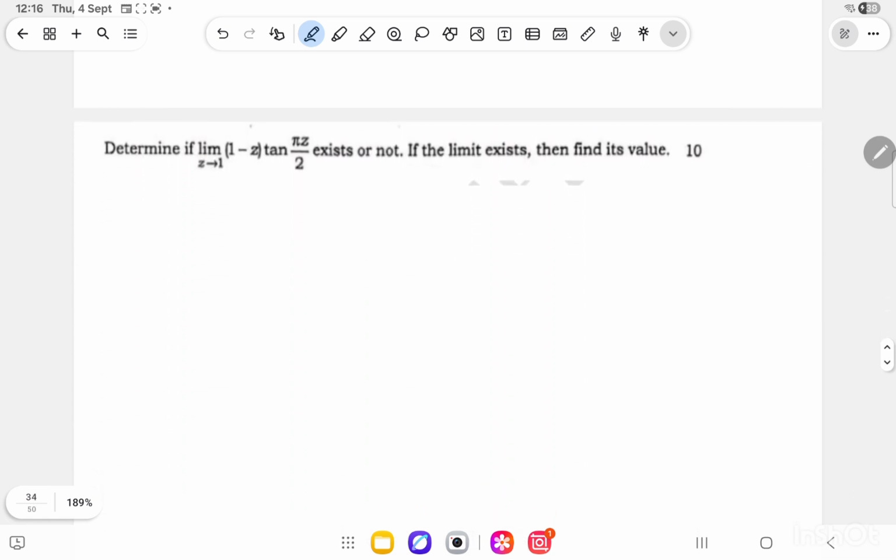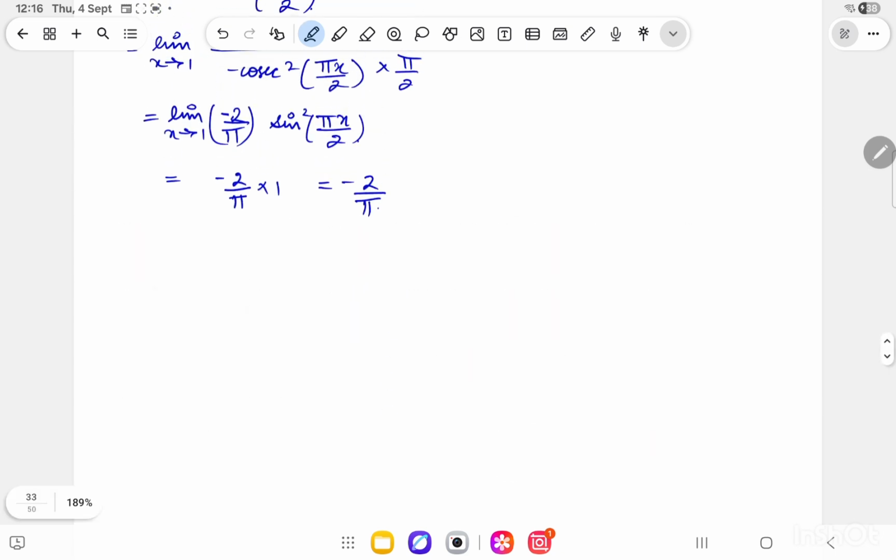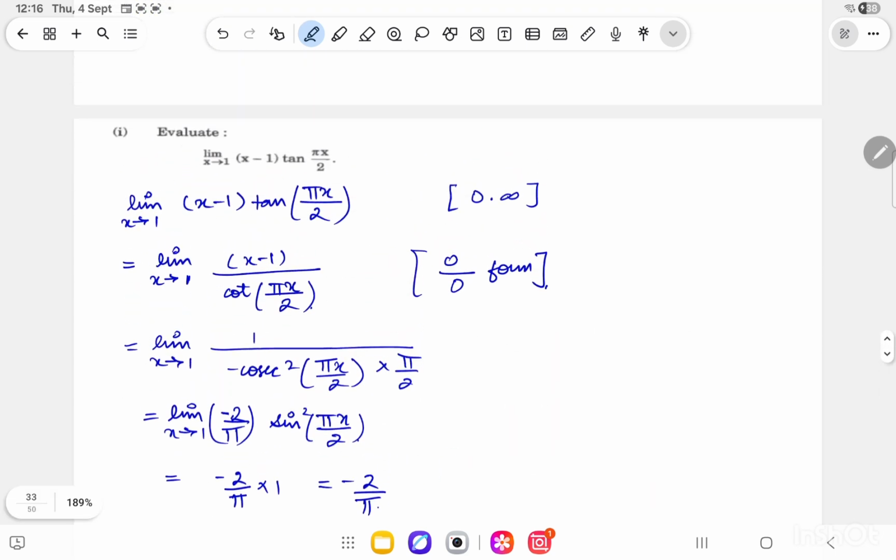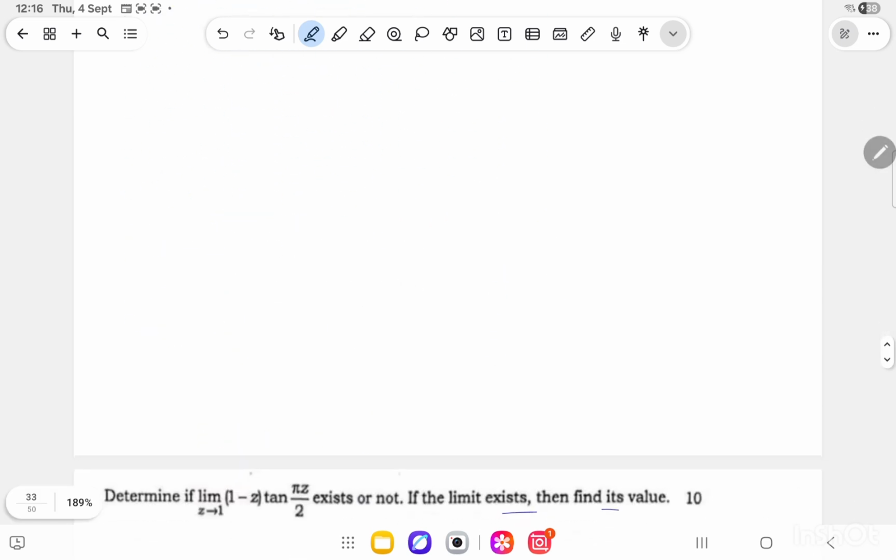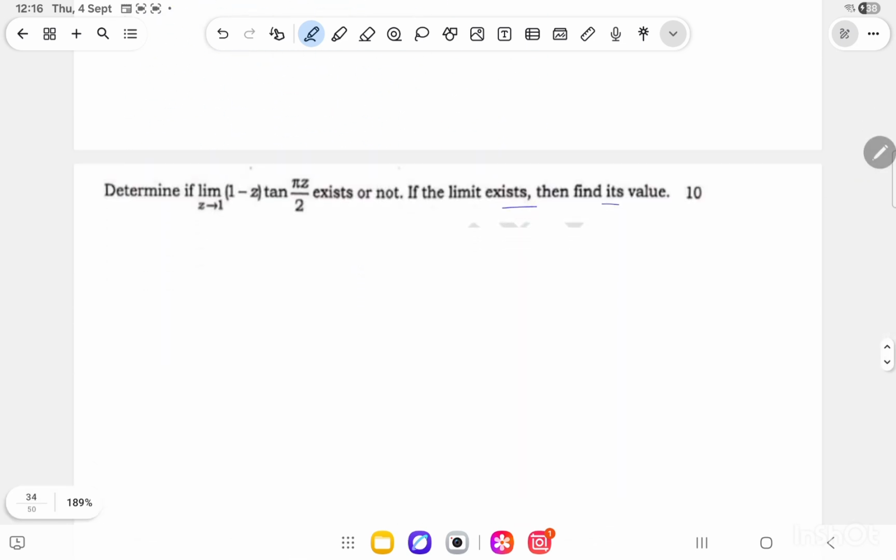The next question asks us to determine if this limit, (1 minus x) tan(pi x by 2), exists or not, and if it exists then find its value. It's the same question I guess that we did right now. Here it is x minus 1 and here it is 1 minus x. So this limit will be basically equal to limit x approaches 1 of (1 minus x) tan(pi x by 2).